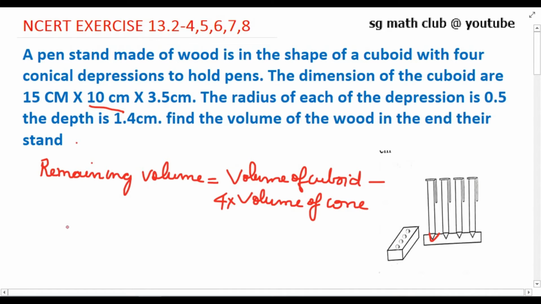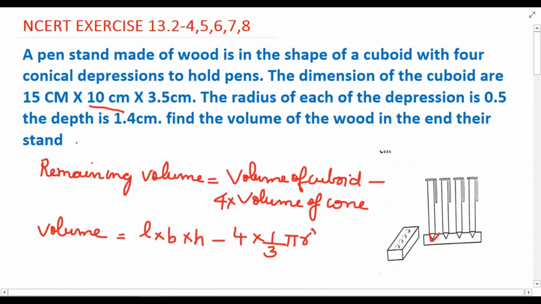And the volume of the cuboid, we know, is length into breadth into height. So it is length into breadth into height minus 4 into the volume of the cone, because 4 conical depressions are there, and the volume of a cone is 1/3 pi r square h.